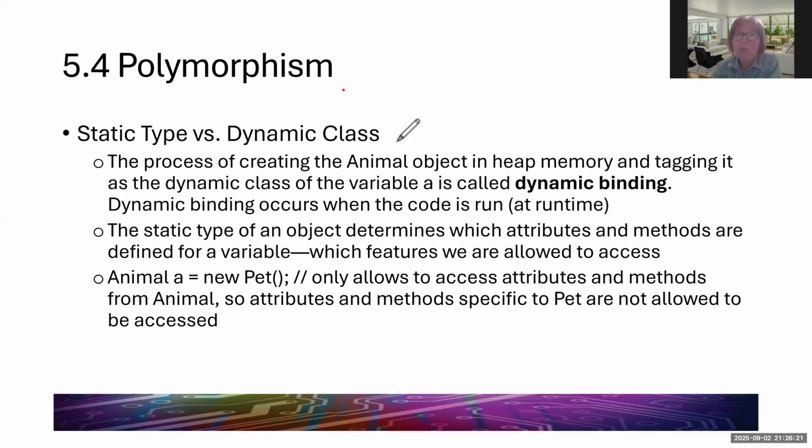And so we saw that on the right side of the assignment operator we have new, which creates the animal object on heap memory. Then you assign it to A, which we call tagging it, to the variable A. This procedure we call dynamic binding.